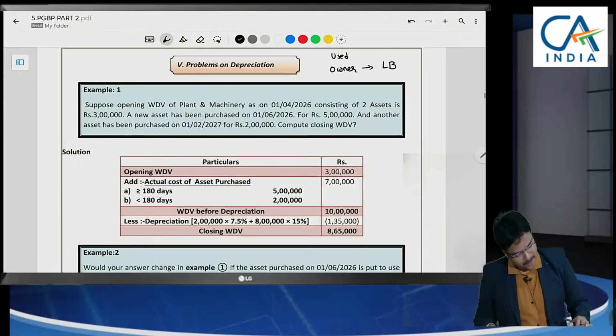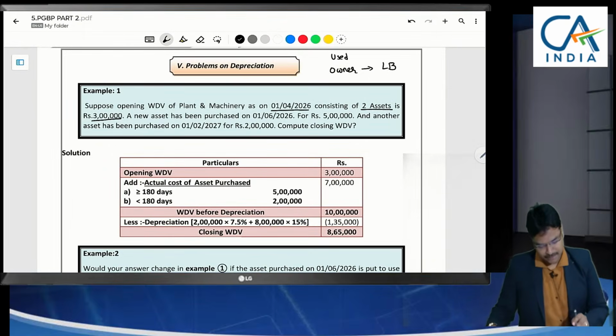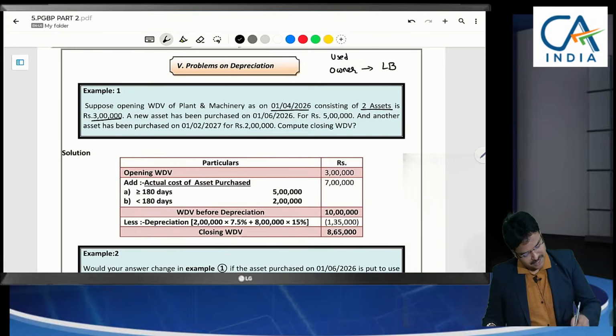Suppose the opening WDV of plant and machinery on 1/4/2026 consisted of two assets. Two assets value is 3 lakhs. A new asset is purchased on 1/6/2026 for 5 lakhs. Another asset is purchased on 1/2/2027 for 2 lakhs.